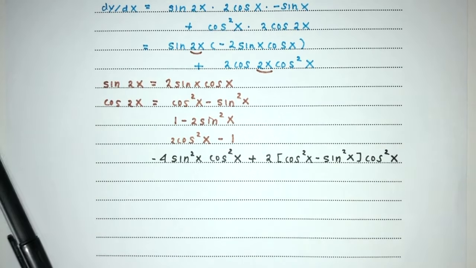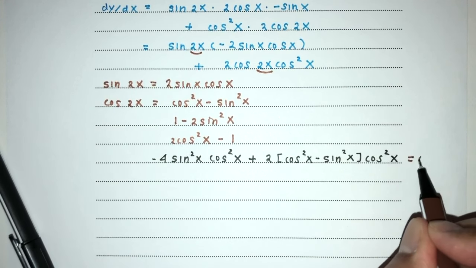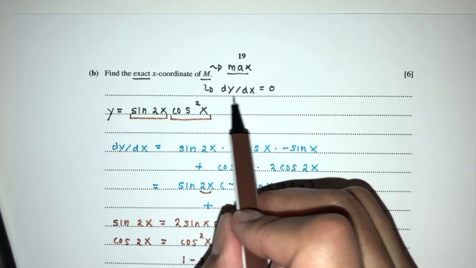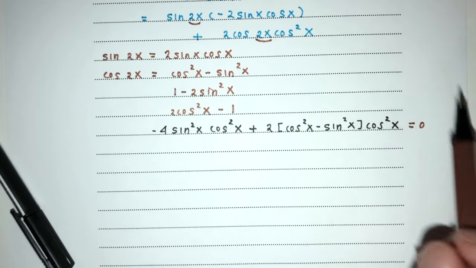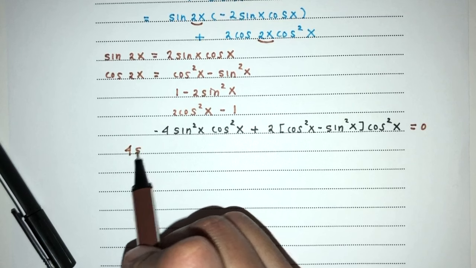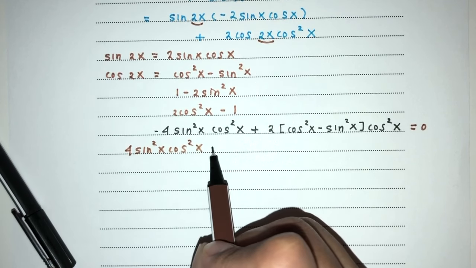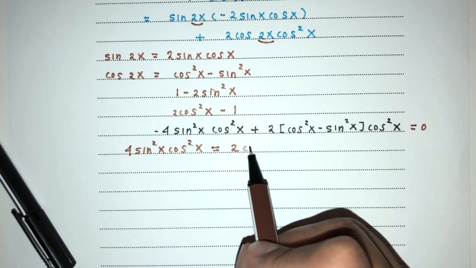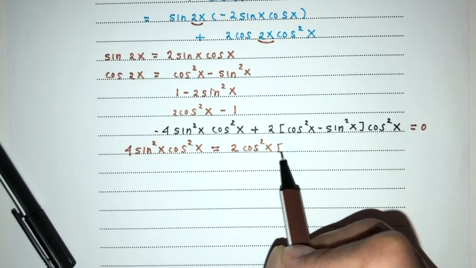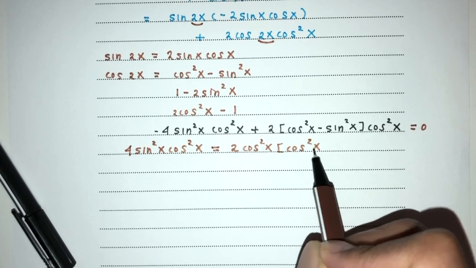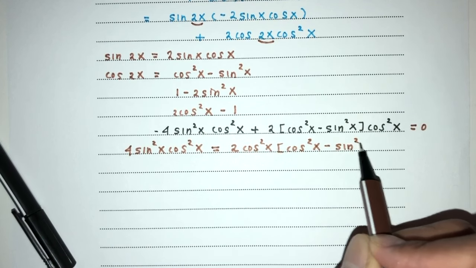Now this is dy by dx. We have to equate it to 0 at the point M because we know that dy by dx is 0 at the point M. Now the next step is we can send this one over here. You will have 4 sine square x and cos square x is equal to 2 cos square x times cos square x minus sine square x.